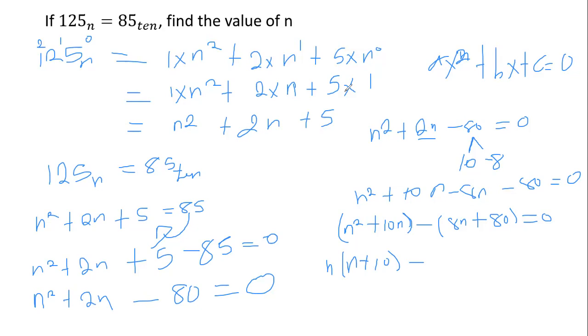Four is not the right one, much as it can divide both of them. We want a term which is similar to the n plus 10 in the first bracket, because our aim is to create a common factor which is n plus 10.